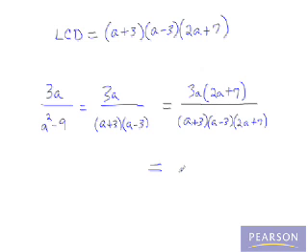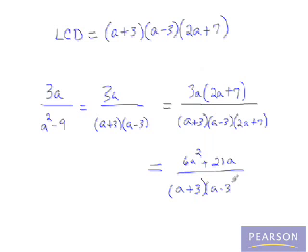Our last step with this fraction is to distribute the 3a through the parentheses up top, giving us 6a squared plus 21a over the denominator a plus 3 times a minus 3 times 2a plus 7. So here is an equivalent fraction to 3a over a squared minus 9 using our least common denominator.